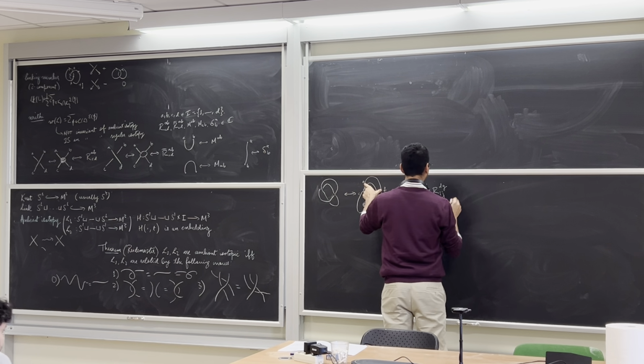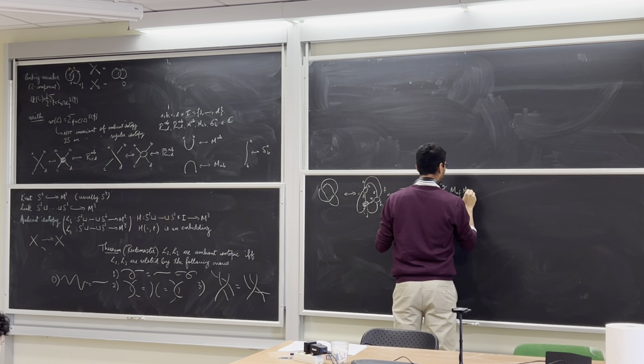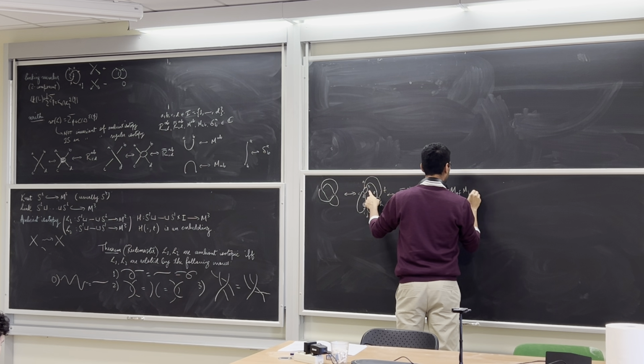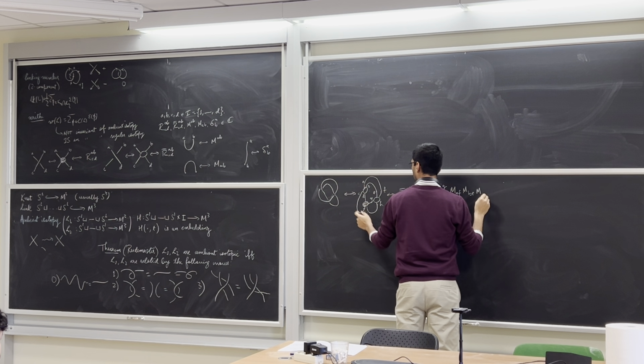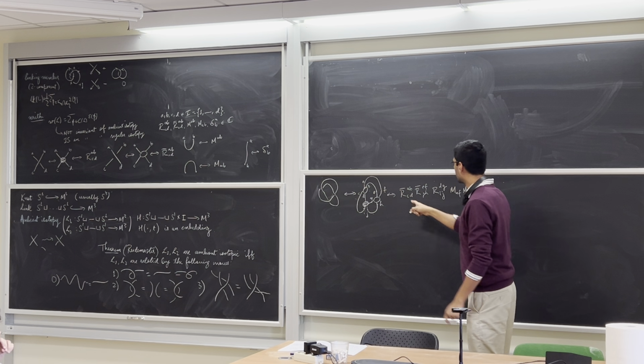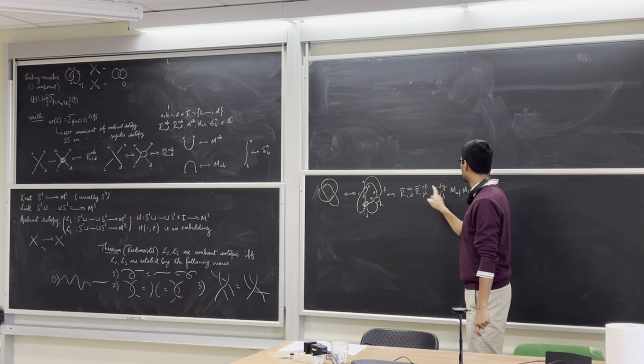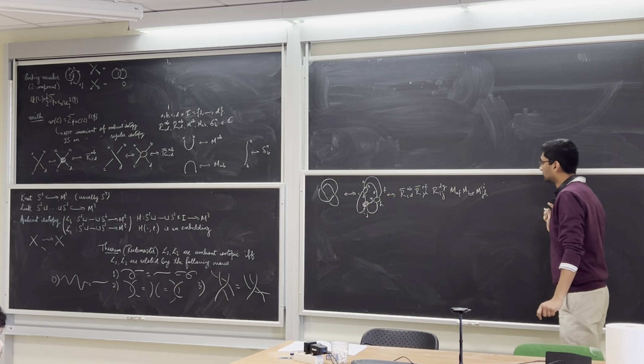So one will come from here, M, A, F, M, B, E, and two will come from here, M, C, I, and M, J, H. And all of these repeated indices are summed over.